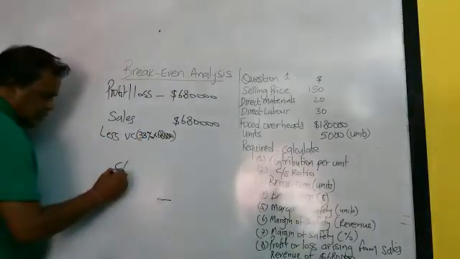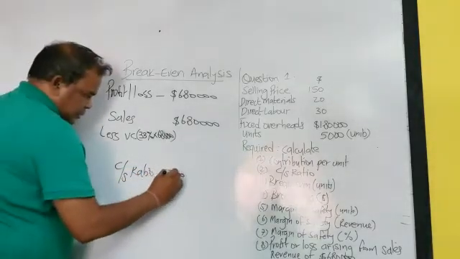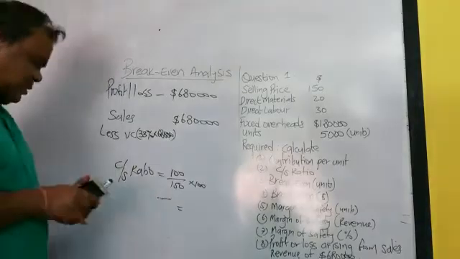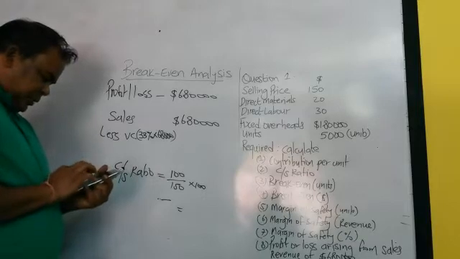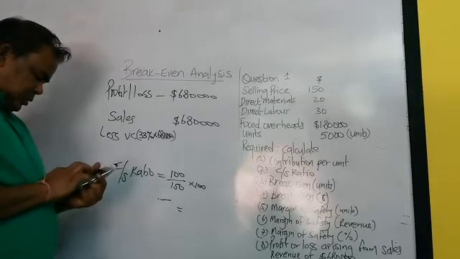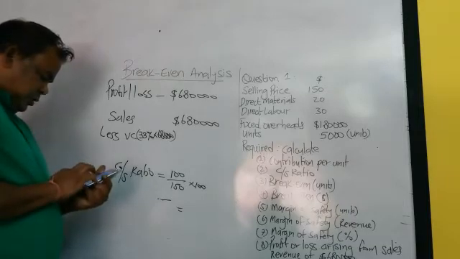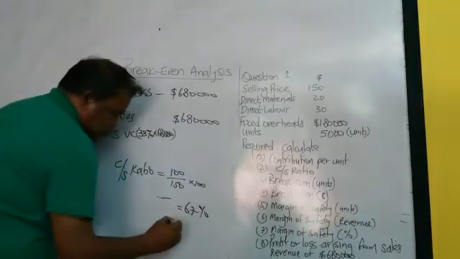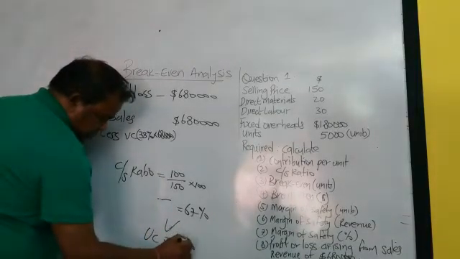Because we calculated the CS ratio, contribution over sales times 100, 100 over 150, we got 67%. So a CS ratio of 67% means variable cost of sales will equal 33% of sales.